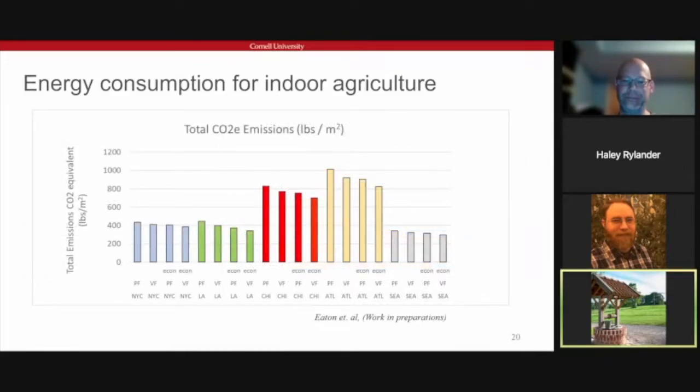And if you convert this to emissions and consider variations, including the use of an economizer or using a plant factory or a vertical farm, you can see that different areas of the US have different emissions associated with production. So I modeled 5 locations here: New York City, LA in green, Chicago in red, Atlanta in yellow, and Seattle in gray.